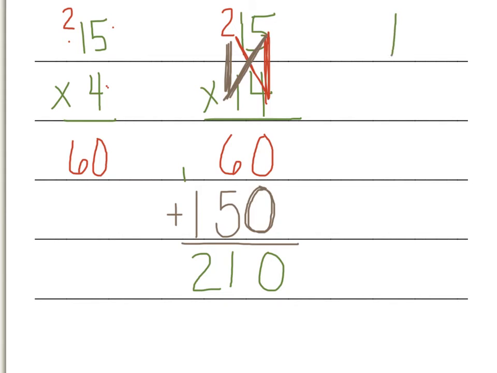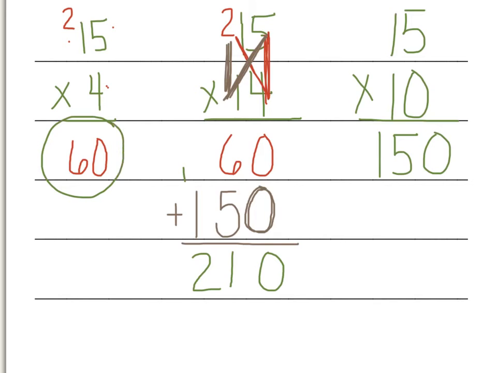Now, just so you can see how that works also, let me go over to the other side over here and say 15 times 10. Well, you'll know how to do that. Even if you're doing it with the hanging 0, it would be 150. Well, did you notice? It's like saying 15 times 4 plus 15 times 10, because it's 14.